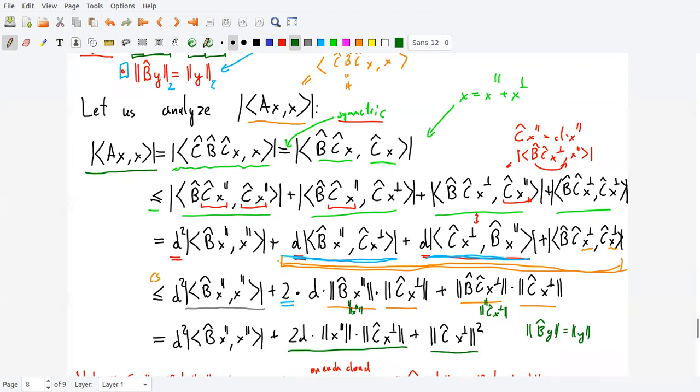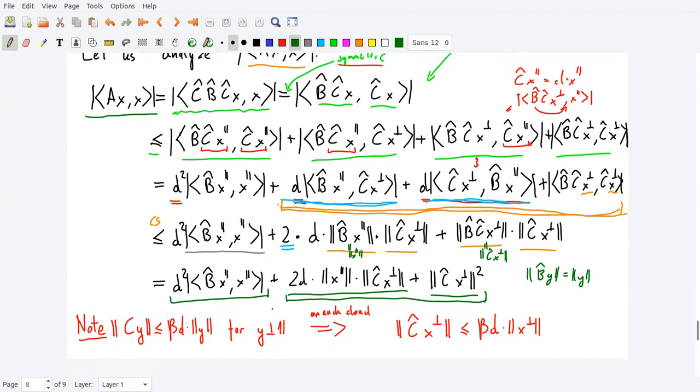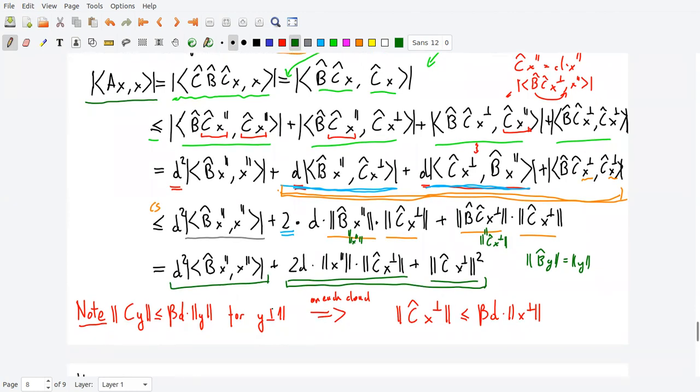So far we just did some calculations, and as usual we decomposed into the noise part, or the error part, and the average part in a sense. Good. Let's look at the noise part first, because it will be easier.